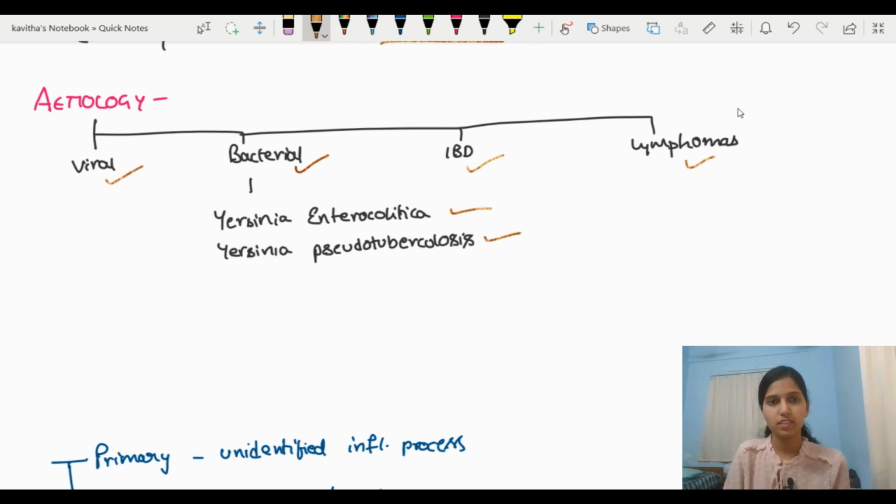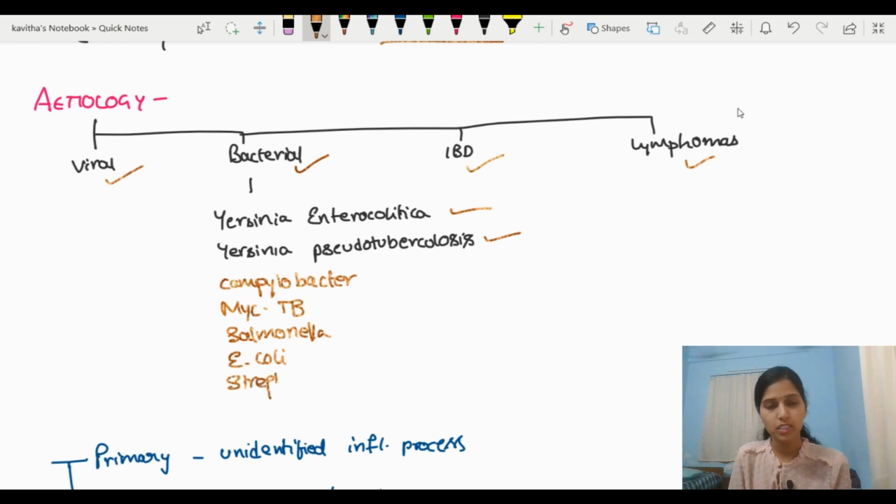Other than these Yersinia species, there are certain other organisms like Campylobacter, Mycobacterium tuberculosis, Salmonella, E. coli, and Streptococci. These organisms also may cause mesenteric adenitis.